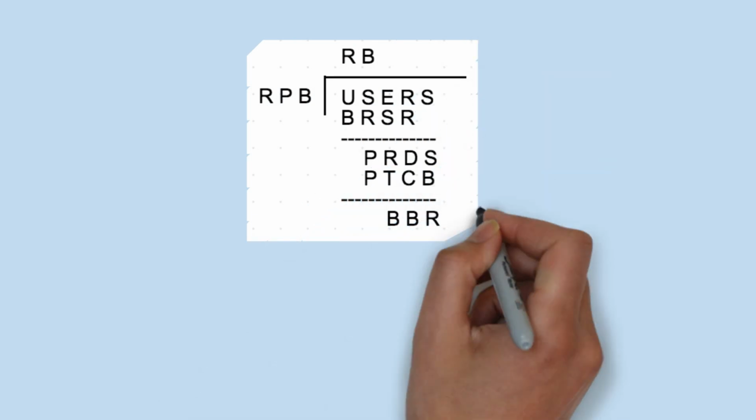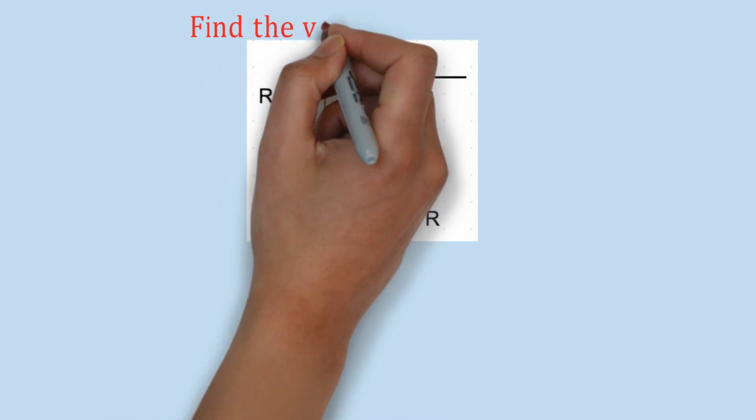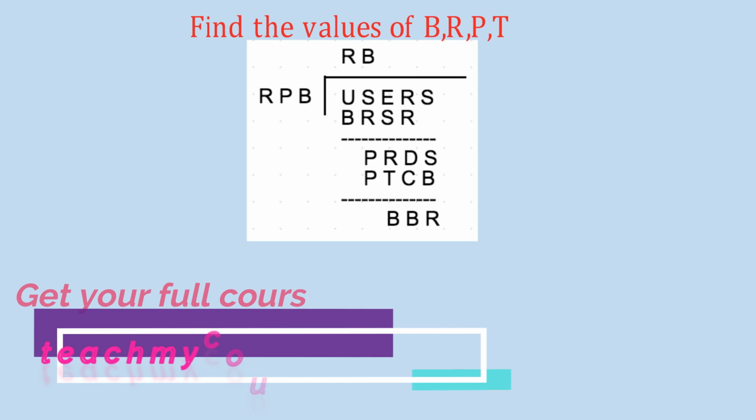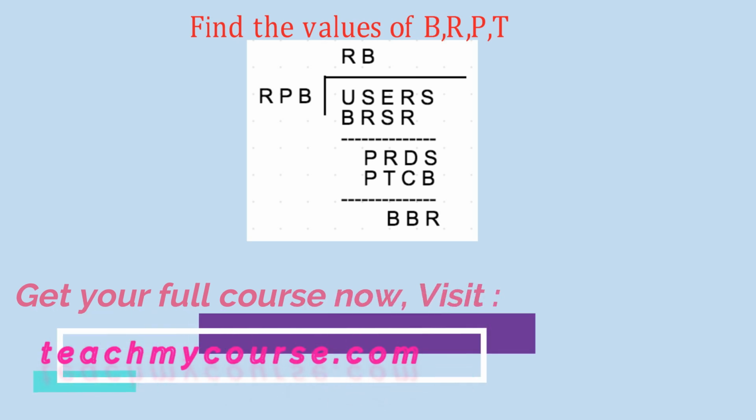Now here comes the question. A cryptarithmetic number USERS, which is the dividend, is getting divided by RPB. We get RB as the quotient and BBR as the remainder. Now you would be wondering, are we going to solve a question on multiplication or division?